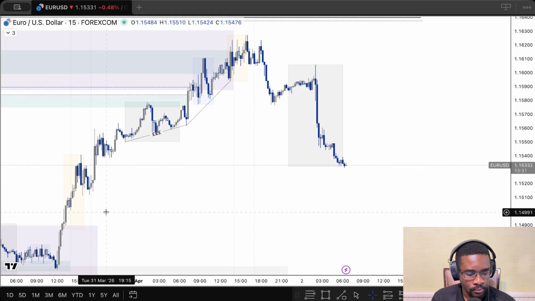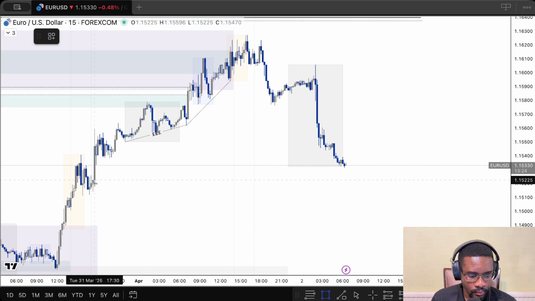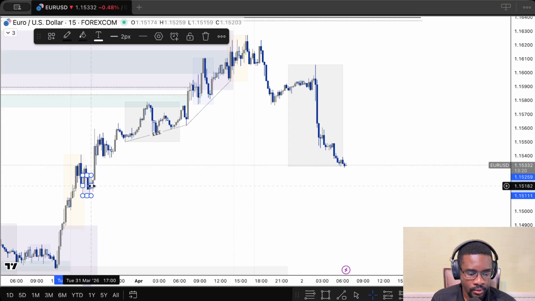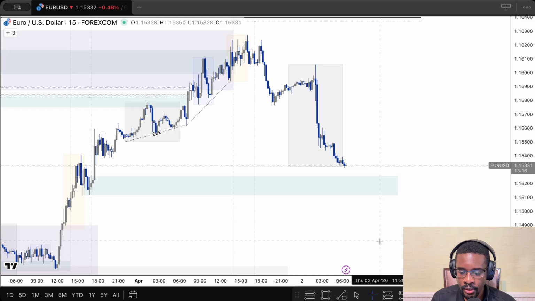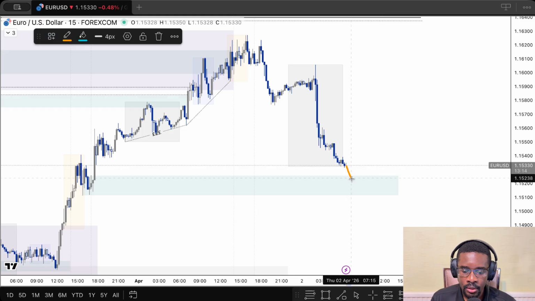Okay, so anyway in these areas, I'm just gonna cover that. So anyway from there, okay, price could push up, maybe sweep these areas, maybe come into this imbalance.